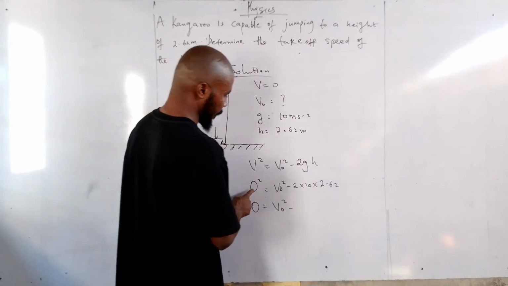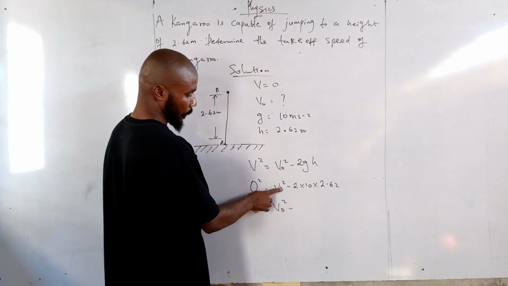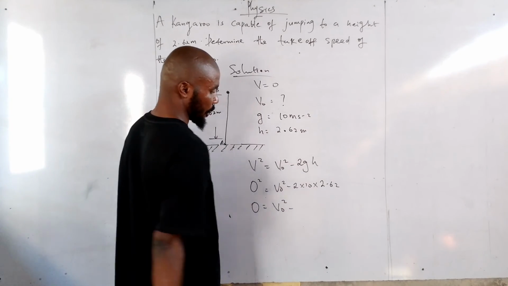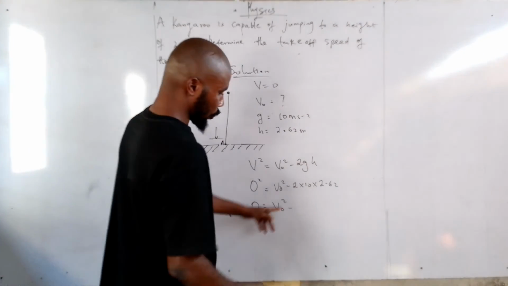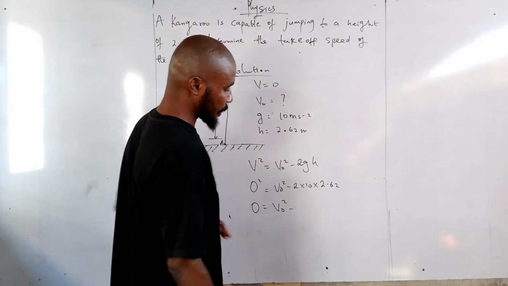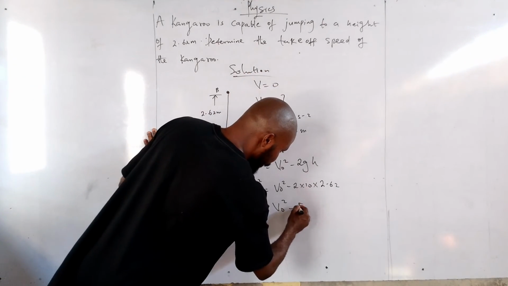So we start putting the parameters. 0 squared gives me 0. V0 squared minus 2 times G, which is 10, times height, 2.62. So 2 times 10 is 20.